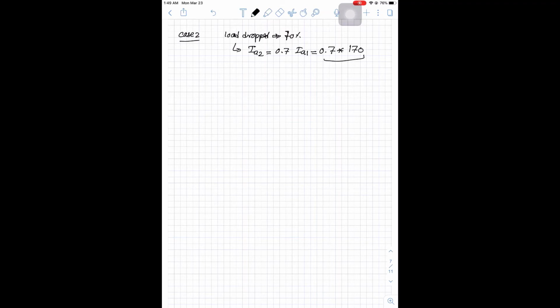And this is one of the mistakes that some students make, assuming that the reduction happened in the line current, but it is stated in the problem that the reduction happened in the armature current. So I armature 2 equals 0.7 multiplied by 170, equal to 119 ampere. So the armature current dropped to 119 ampere.